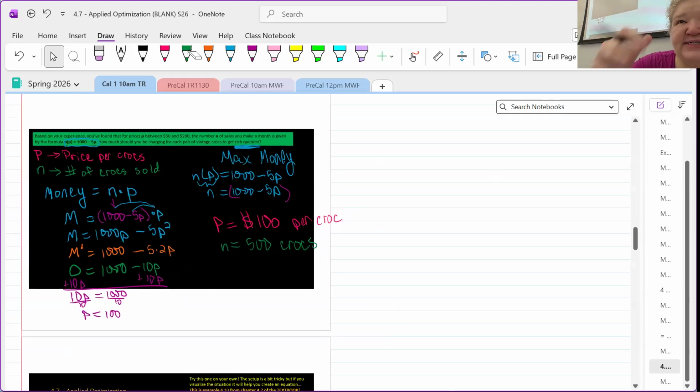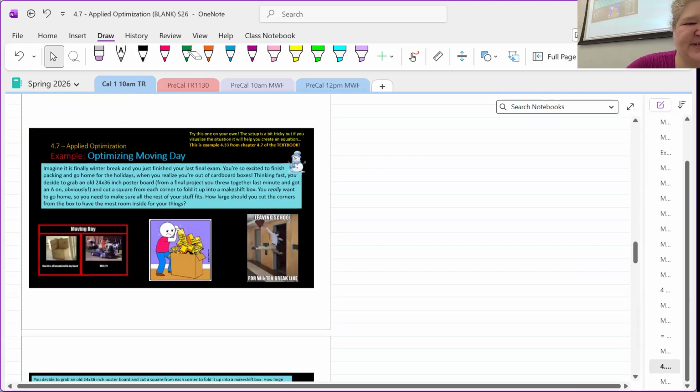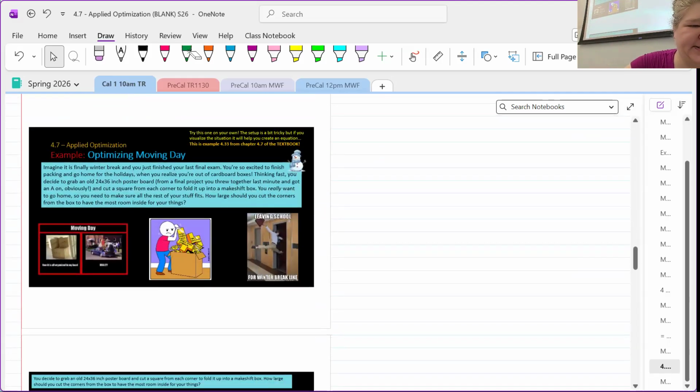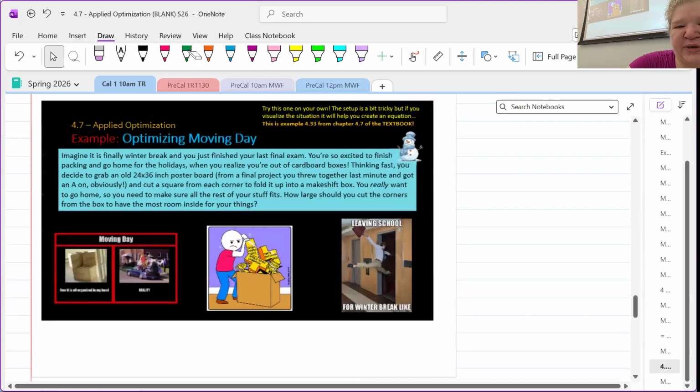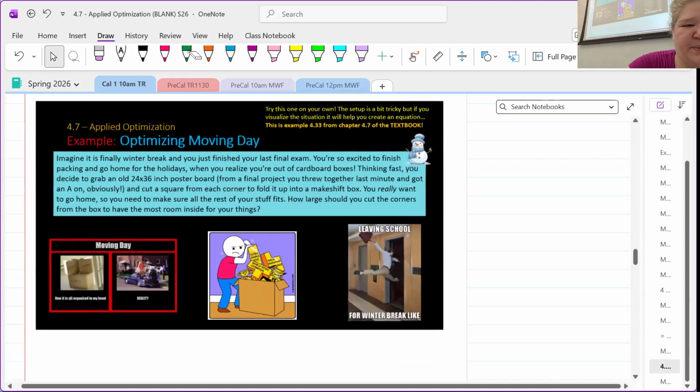And then there's even fancier math you can do that's called marginal profit, that is looking at how much money you make per Croc as you change the number of Crocs you make. But that's a fancy thing that we leave for business calculus. Not that y'all can't do it, we just focus on more peculiar questions.